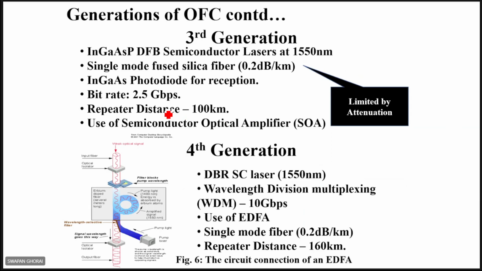In the third generation, earlier there were simple lasers, but now semiconductor lasers, DFB lasers, distributed feedback lasers, are there. We'll see what this distributed feedback is. We'll also see why it is made of III-V compound semiconductors.